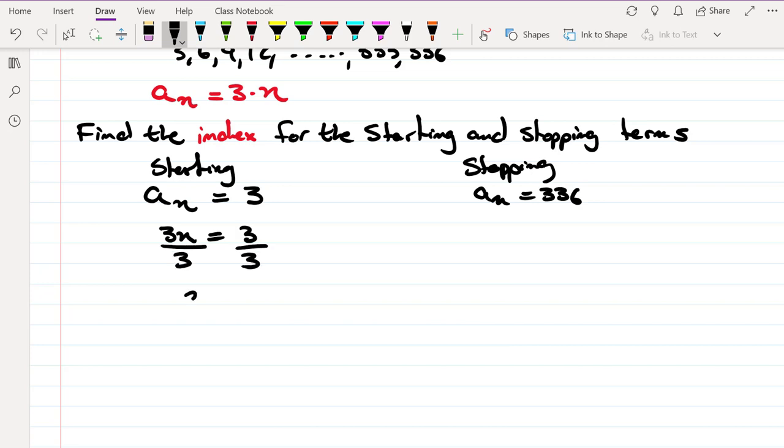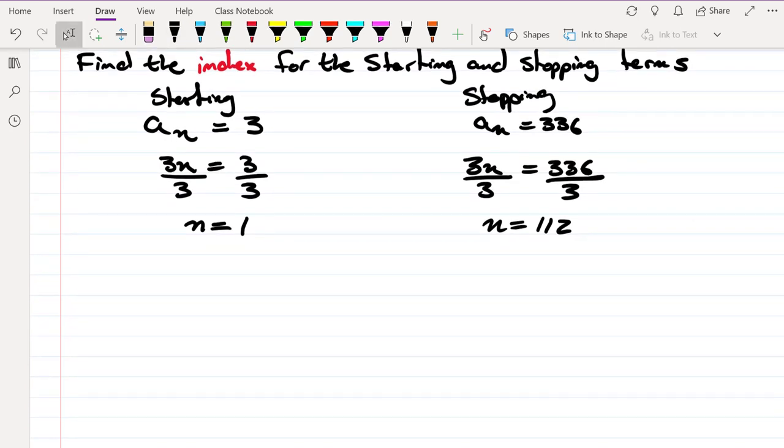Divide by 3, divide by 3, and we get n is equal to 1. And our second equation is 3n equals 336, so we divide by 3, and we get n equals 112. So finally, in sigma notation, we're going to have the sum as n goes from 1 to 112 of 3n.